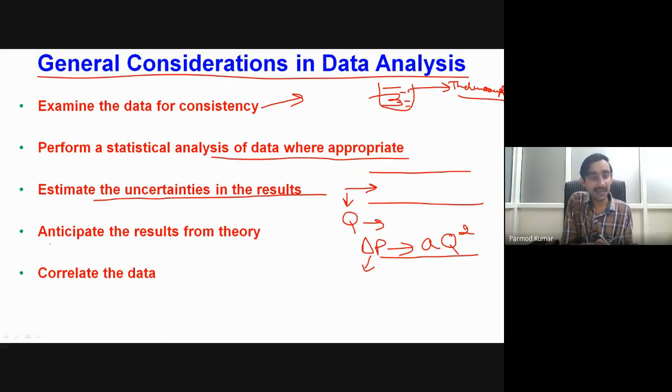Okay, then this is a very important point: we should anticipate the results from theory. For example, I told you in the previous slide about the experiment of boiling heat transfer. Similarly, if we are recording the temperature at different times when a thermometer is dipped inside a hot liquid, the experimental data between temperature and time may be best fitted using a quadratic, cubic or fourth order fit.